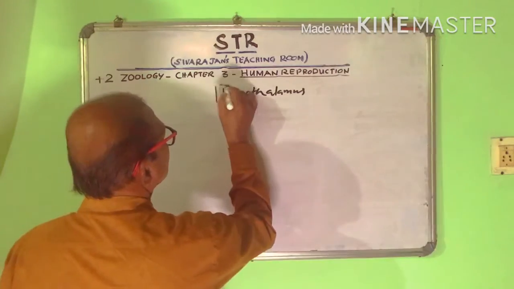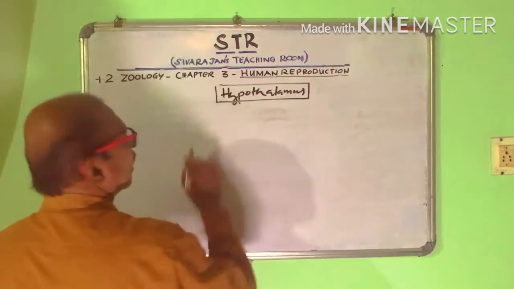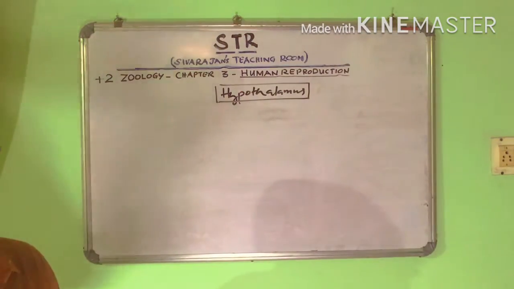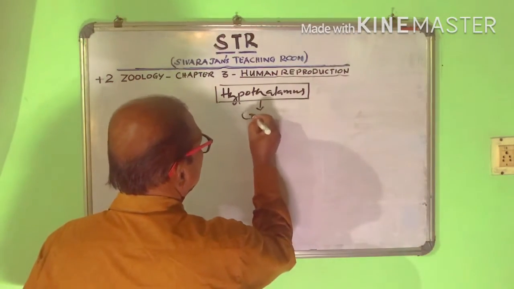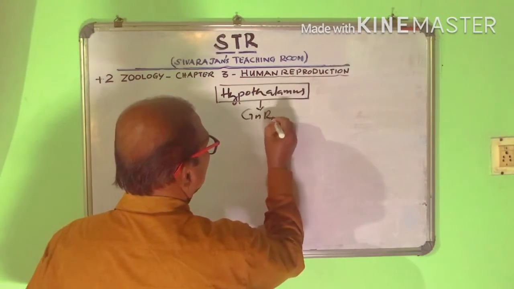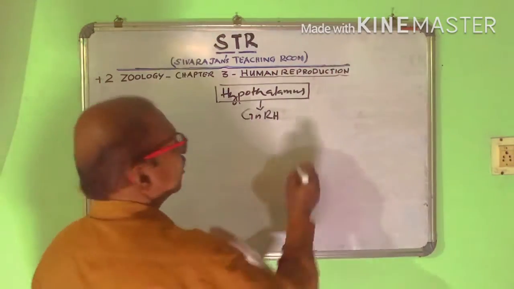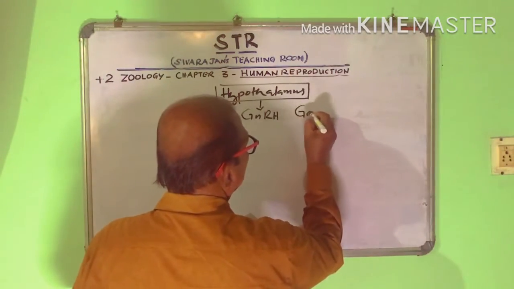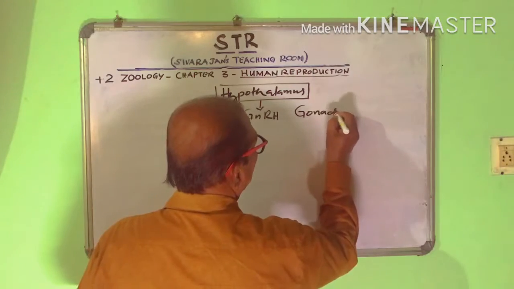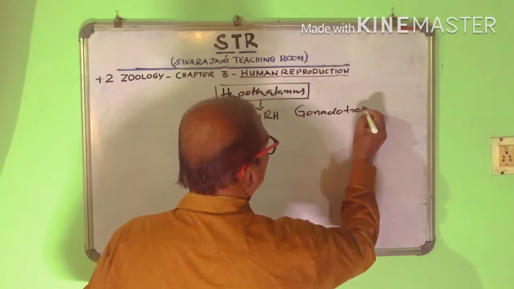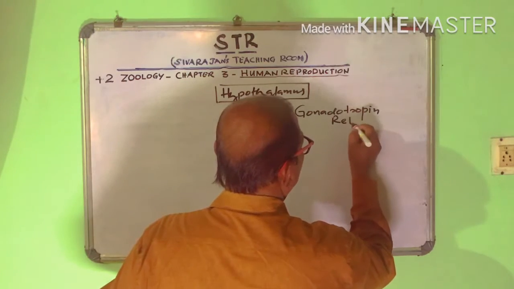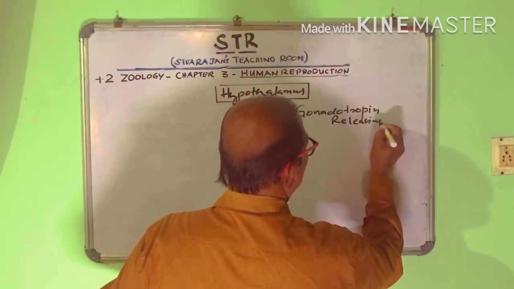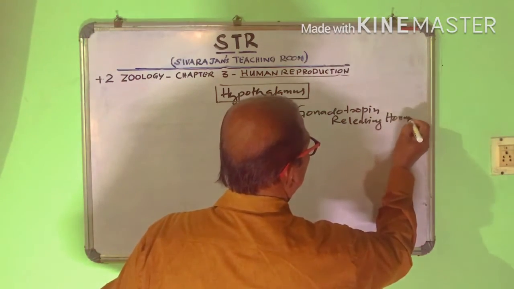It is an endocrine gland seen in the brain. It produces GnRH. What is GnRH? Gonadotropin releasing hormone.